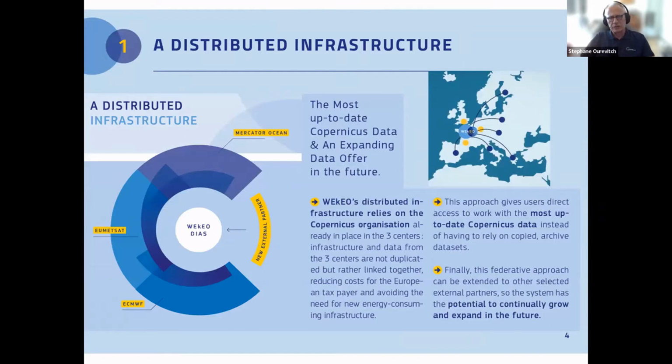What makes it special? There are quite a number of unique features of this DIAS, being a data information and access service. There are 5 DIASes, but Wekeo is unique. There are still 5 DIASes for the moment, but things will change in the near future.